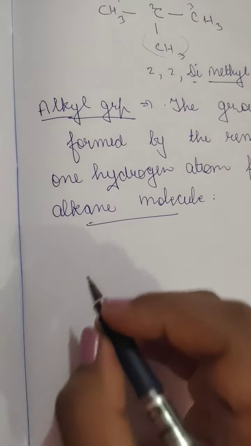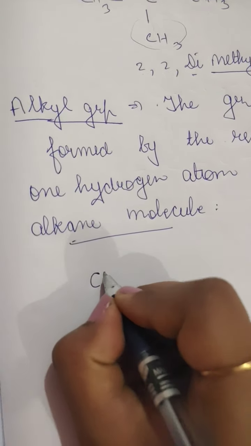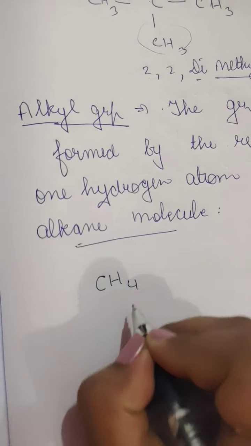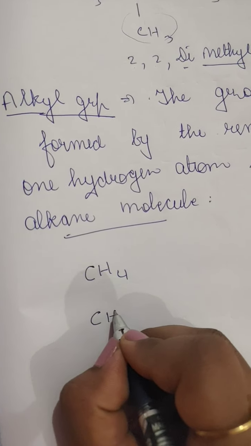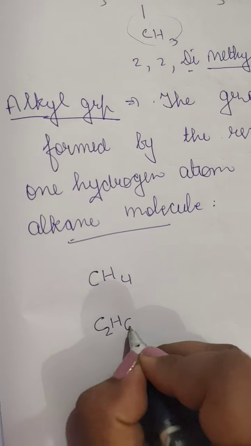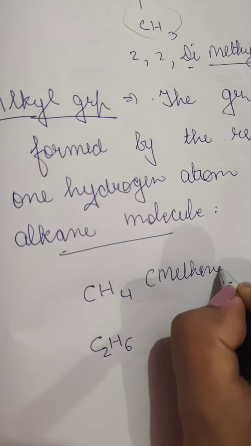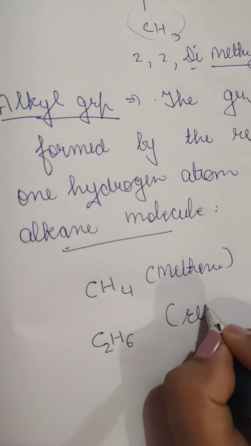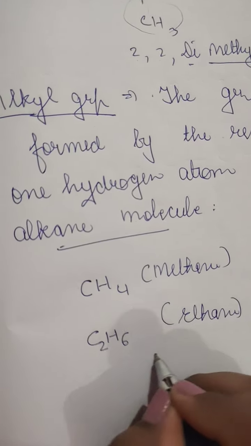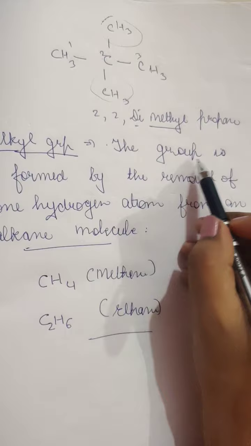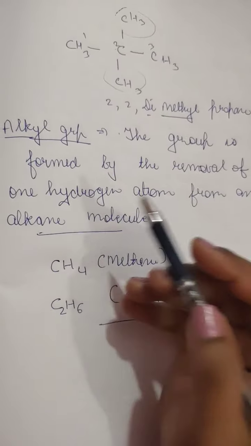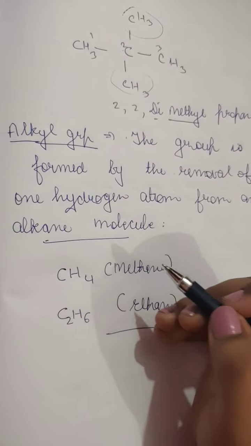Okay, so for example, here is a molecule of methane, CH4, and here is an example of C2H6. It's methane and it's ethane. So as per the definition, the group is formed by the removal of one hydrogen atom from an alkane.